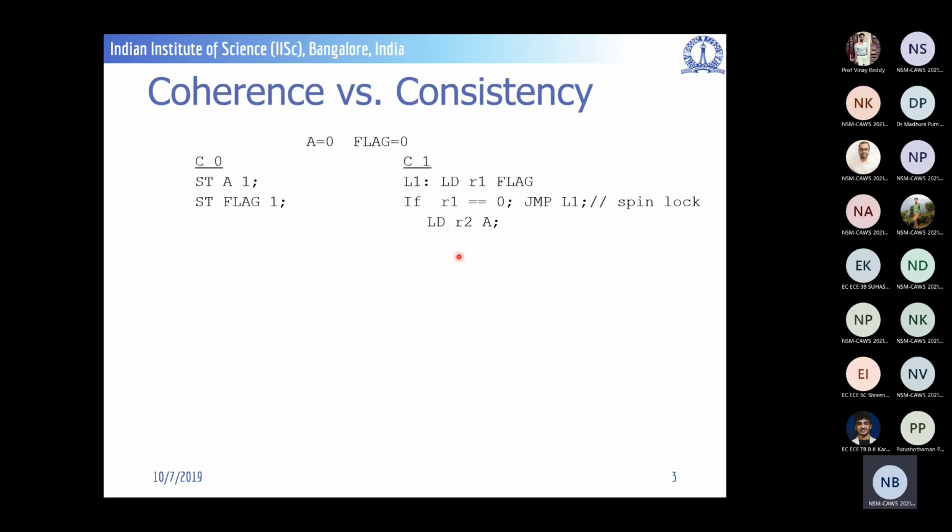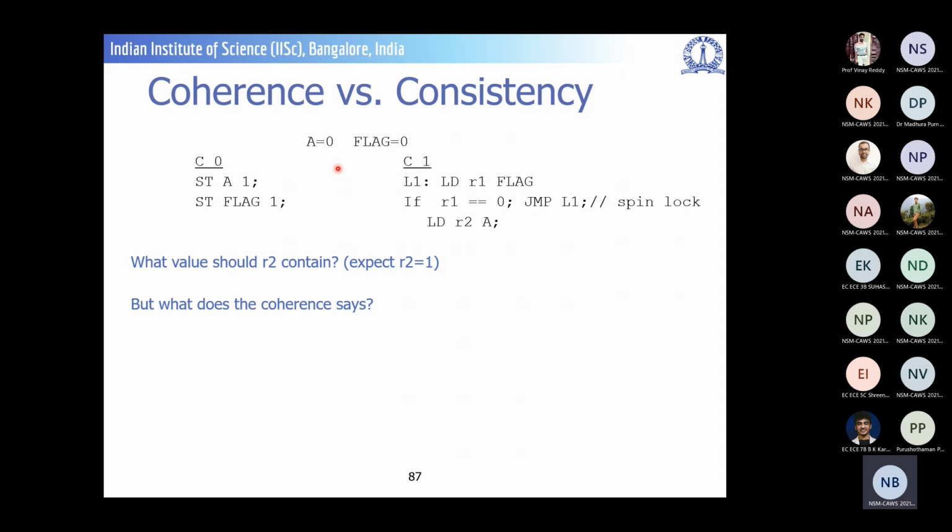Now the problem here is that the value that you want register R2 to have after execution of this code is 1, right? Because you have set it to 1. But the problem is cache coherence says nothing about it. It doesn't guarantee that.